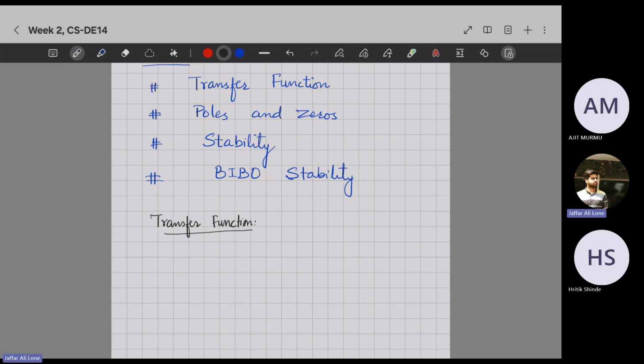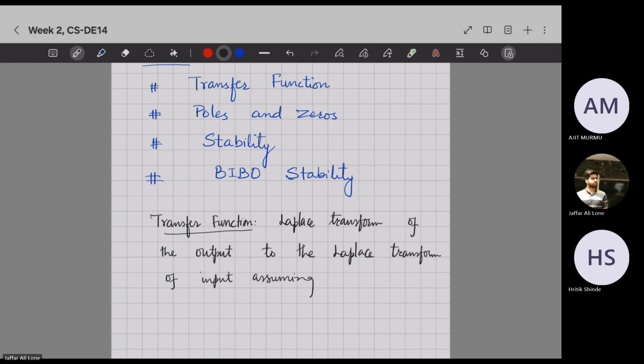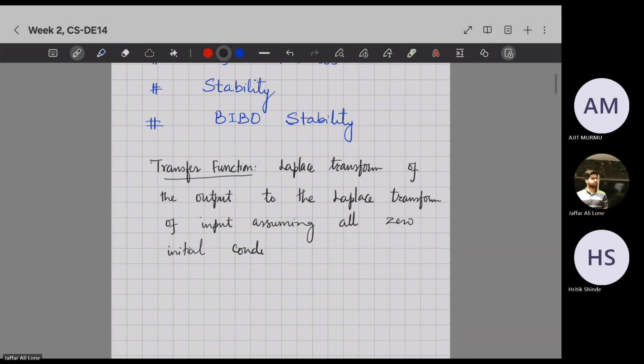It's actually defined as the Laplace transform of the output to the Laplace transform of input, assuming all zero initial conditions. So this is very important.